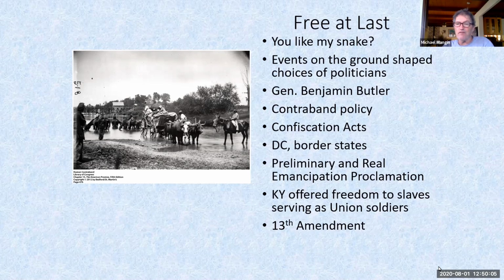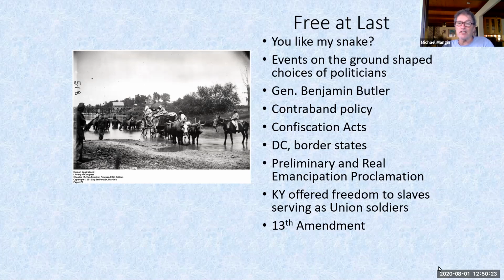And the first Confiscation Act said that these blacks would be considered contraband of war, seized property of war, and would be used by the Union Army as they saw fit.